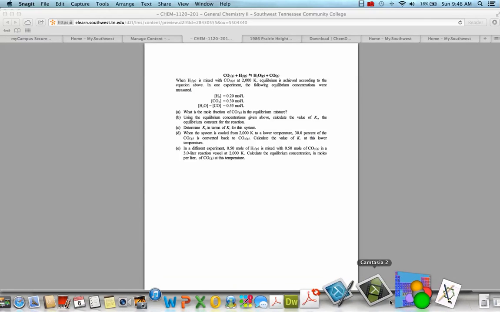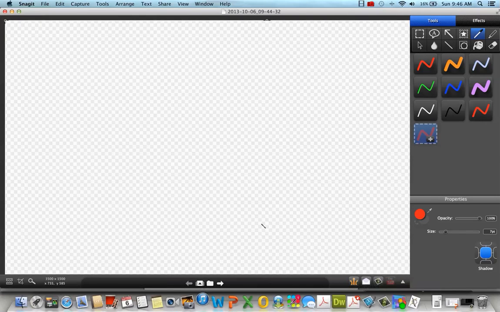So we have the concentration of CO is equal to 0.55 moles per liter.